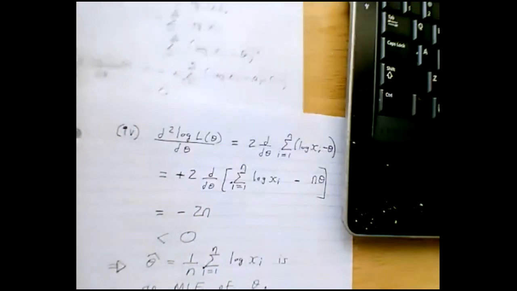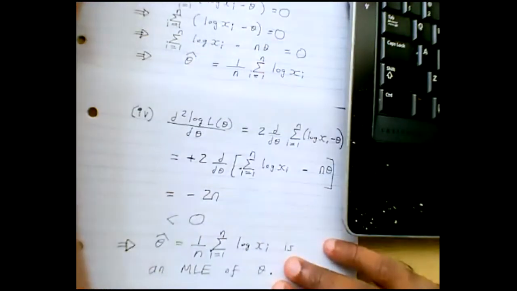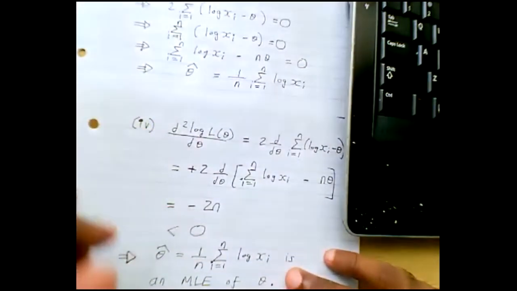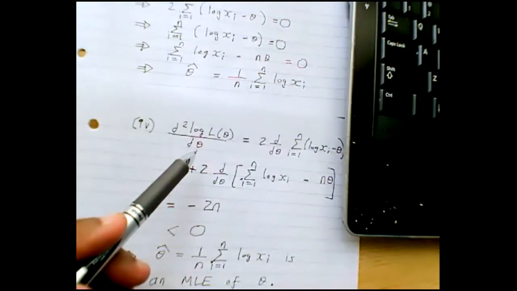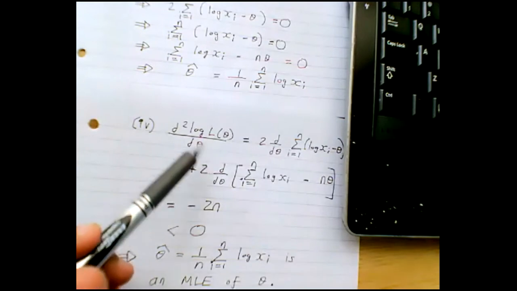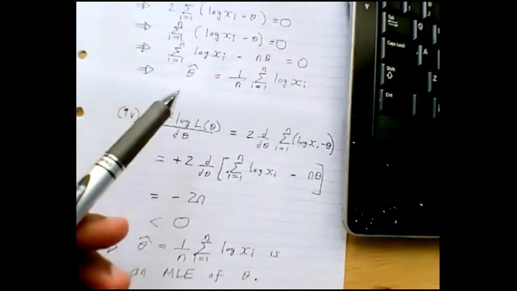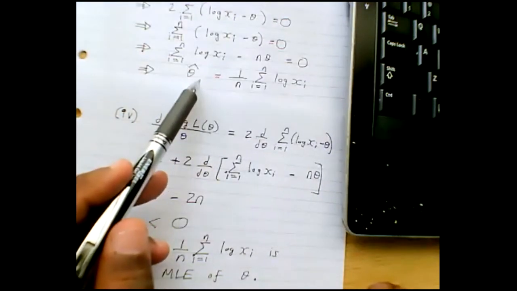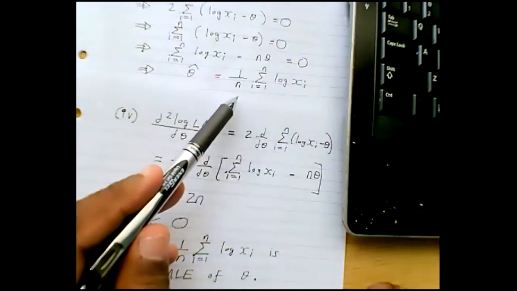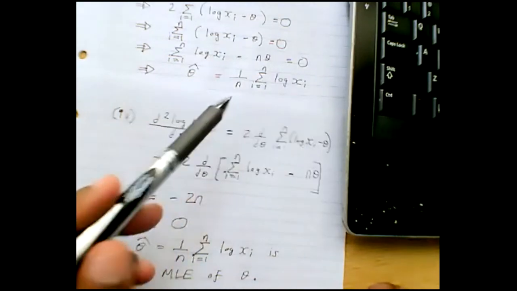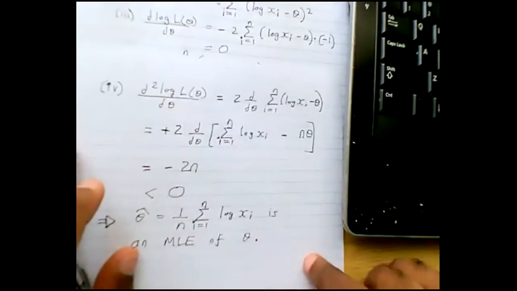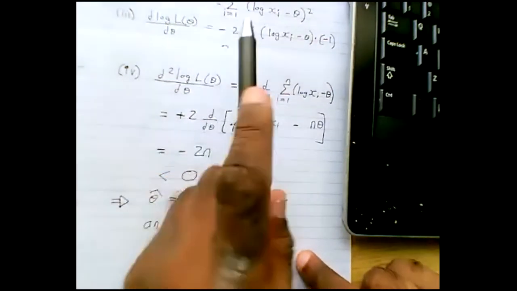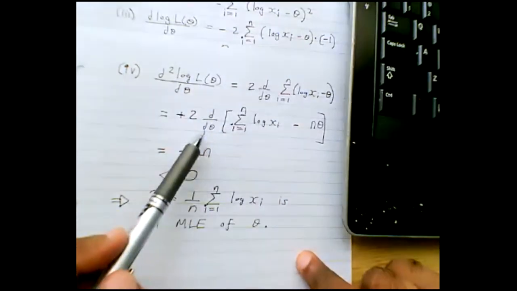This is step 3, guys. In step 3, we got the solution for theta hat, which is equal to this, right? Now in step 4, what I've done is to differentiate this with respect to theta.